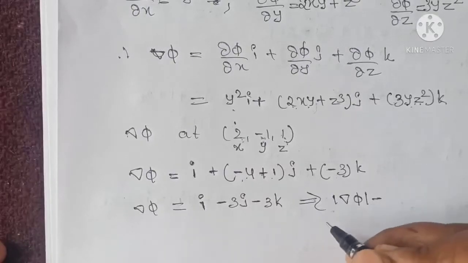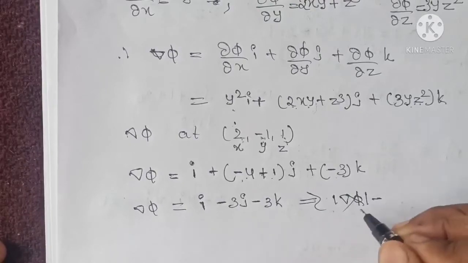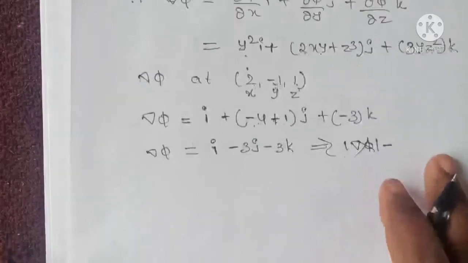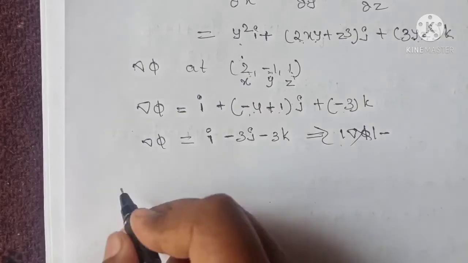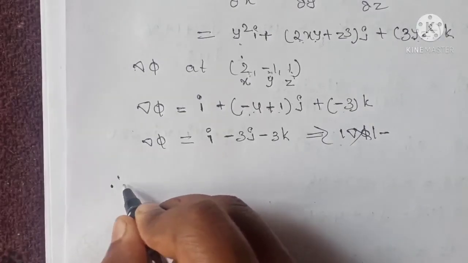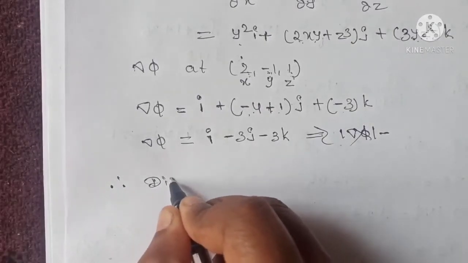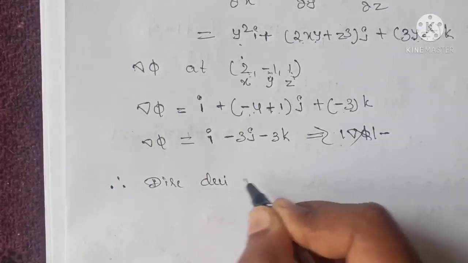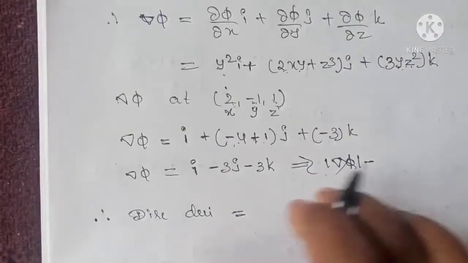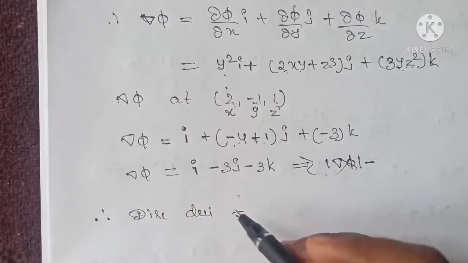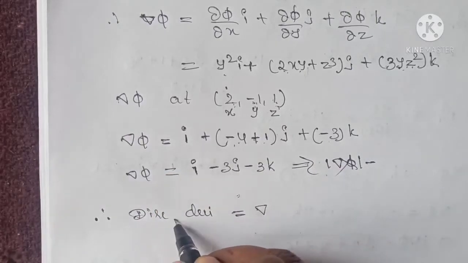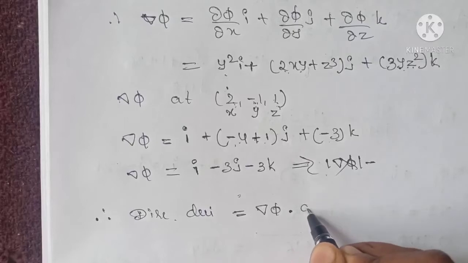Finding the mod of del phi, we don't need this, because that is only for the unit normal vector. Okay, so for the directional derivative we need only vector a and the del phi value. Vector a is directly given, so the directional derivative is del phi dot vector a.